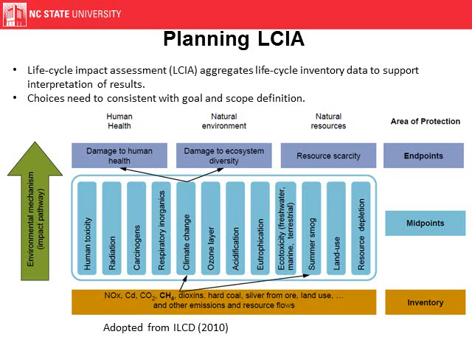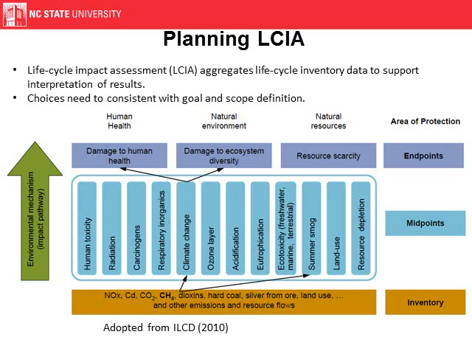So life cycle impact assessment aggregates the life cycle inventory data to support interpretation. The choices of how we do this aggregation need to be consistent with the goal and scope definition. So there are things we call areas of protection, like human health or the natural environment or natural resources. And those are things, when we're doing an assessment, that we very broadly want to protect.